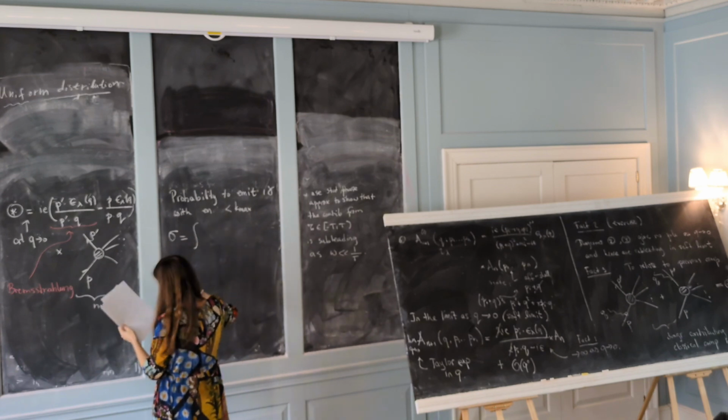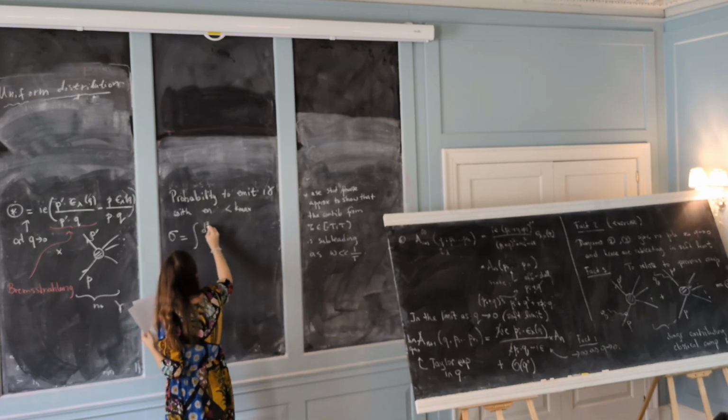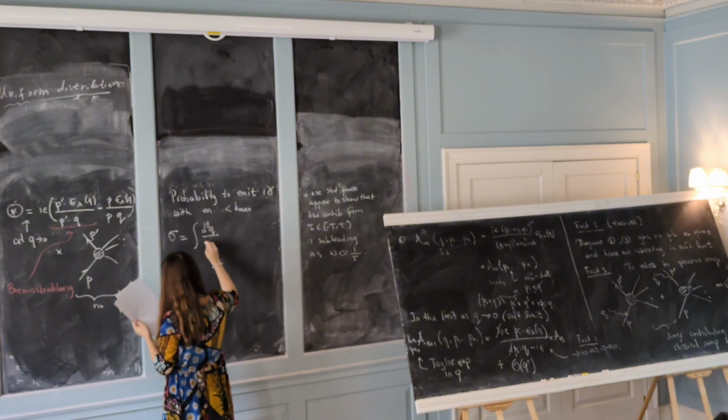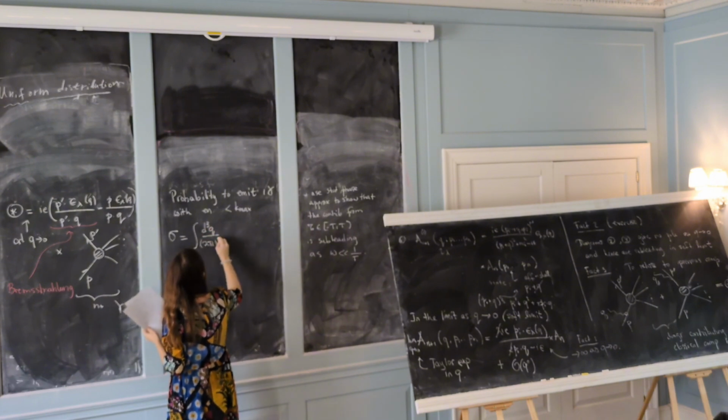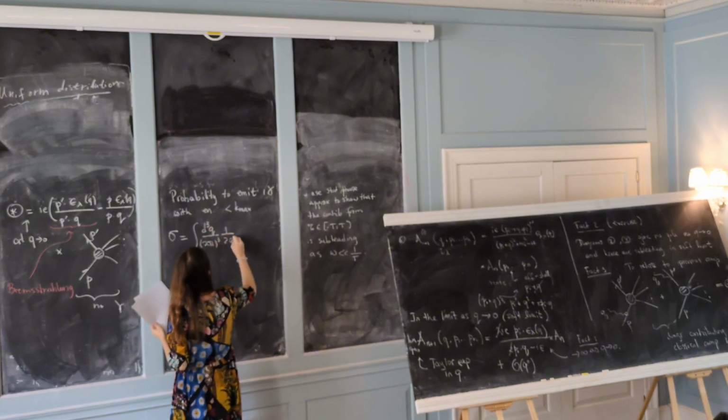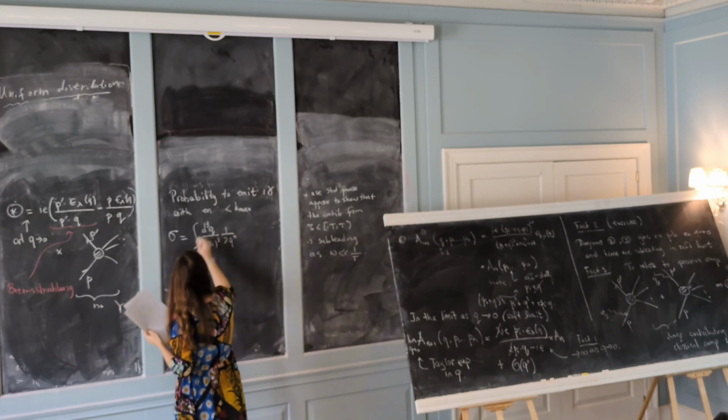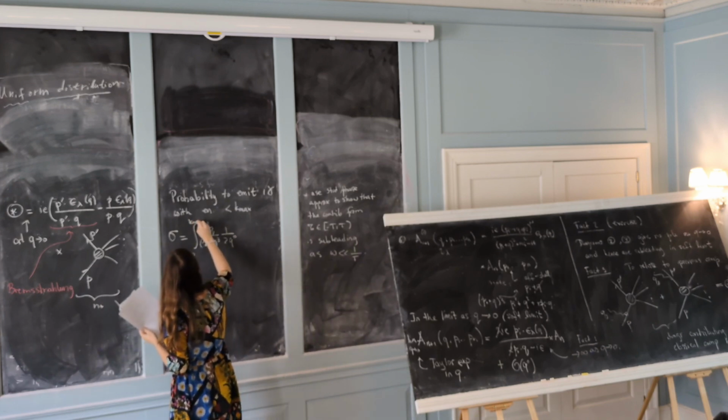So we have to take an integral over the phase space measure, integral over d3q over (2 pi) cubed, then we have a 1 over 2q0 from 0 to some k max.